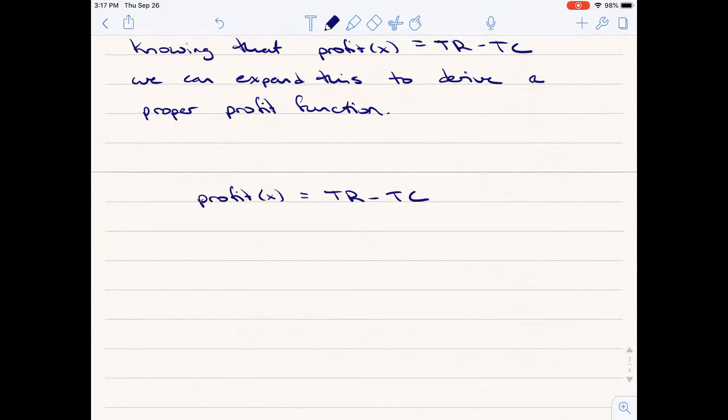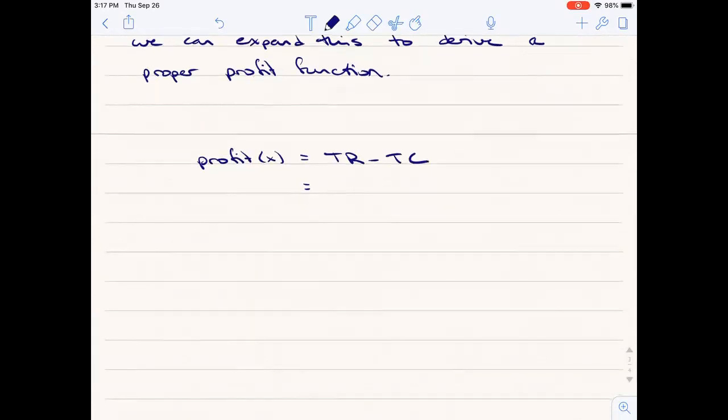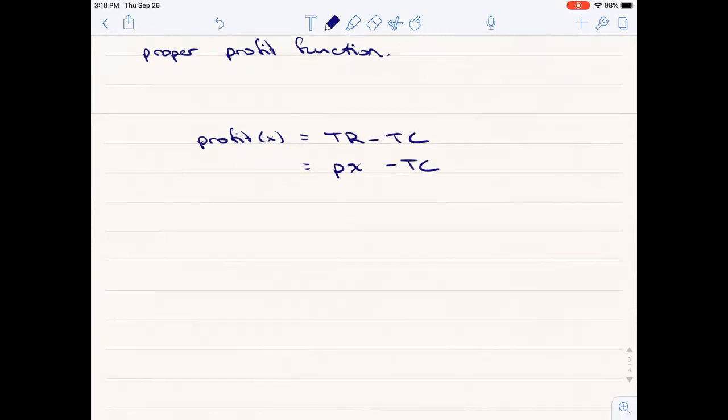First, I can replace the total revenue with P times X. I'll do every little step just to outline, but of course you don't have to show this many steps. This is just so we can work through it together. Next I'm going to replace the total cost with the variable cost plus the fixed cost. So this is going to be PX minus the variable cost plus the fixed cost.